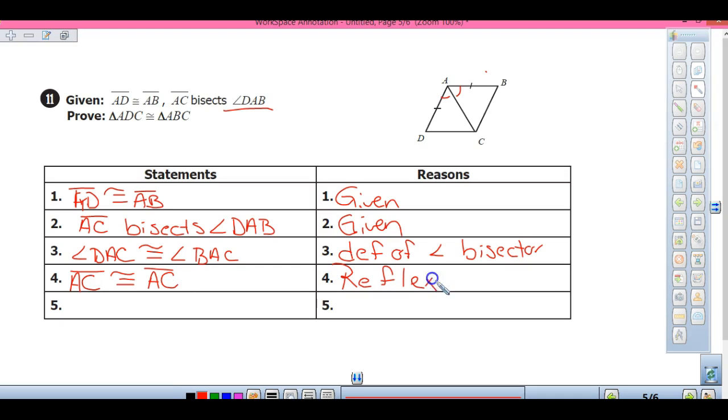Reflexive. You will use reflexive a lot. So this is what? SAS. We have a side, then an angle, and then a side. So triangle ADC is congruent to triangle ABC.